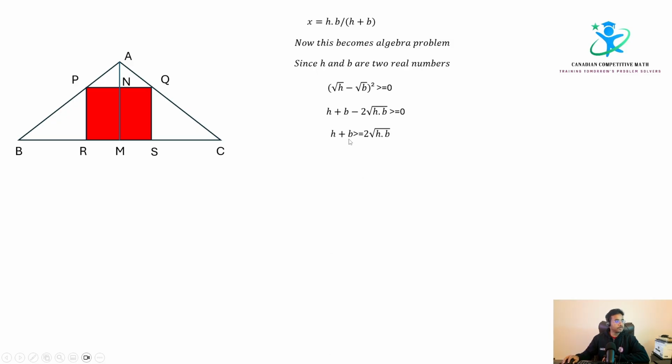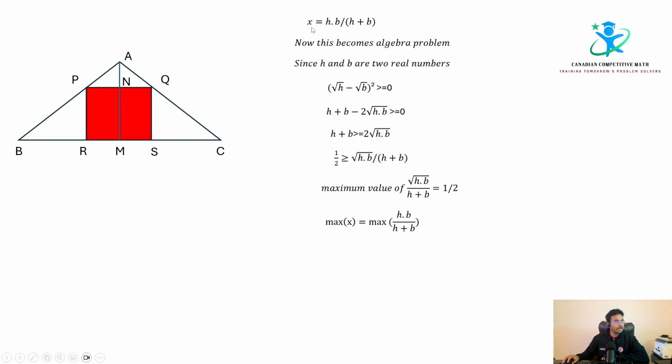We can write that H plus B is greater than or equal to 2 times square root of H times B. If we take this H plus B to this side and this 2 to the other side, we can say that half is always greater than or equal to square root of H times B by H plus B. So the maximum value this expression, square root of H times B by H plus B, can take is half.